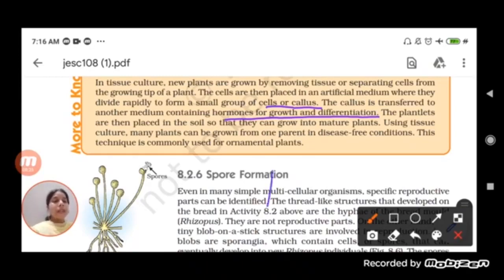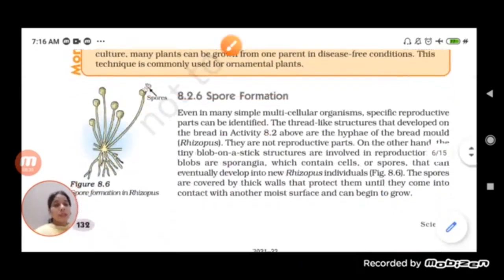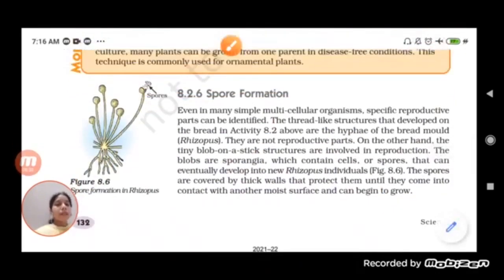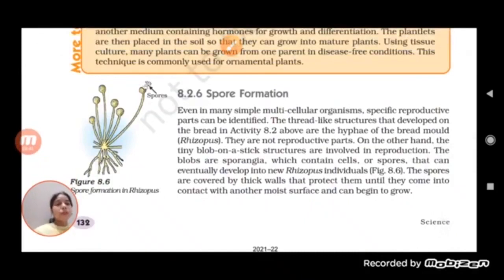Okay, now see here, the next one is spore formation. One of the other plants which show asexual reproduction is through spore formation. In many simple multicellular organisms, specific reproductive parts can be identified.